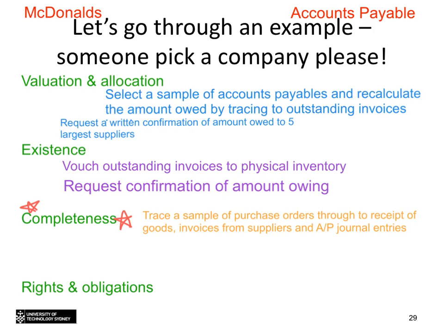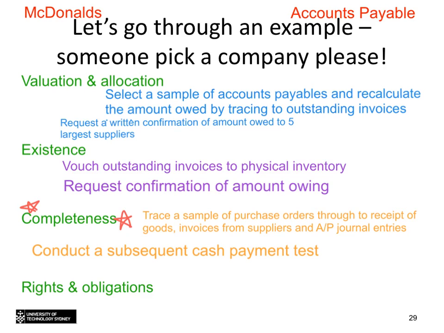Let me see if I can come up with another one here for that same completeness test. I could, and this is a new test that I'm going to talk about here, conduct a subsequent cash payment test. Now, the subsequent cash payment test is when you look at bank payments after the end of the financial year.